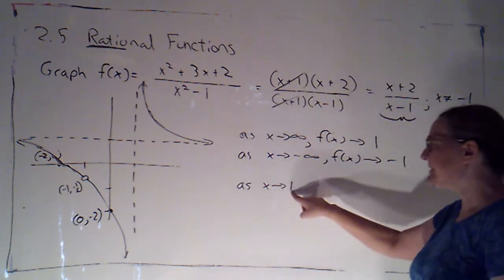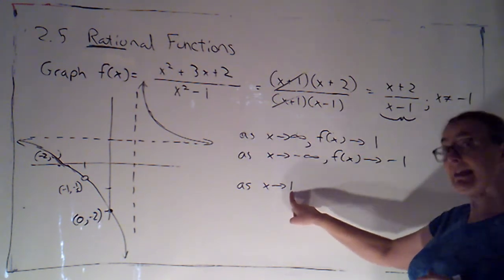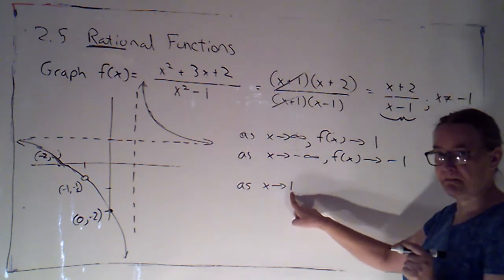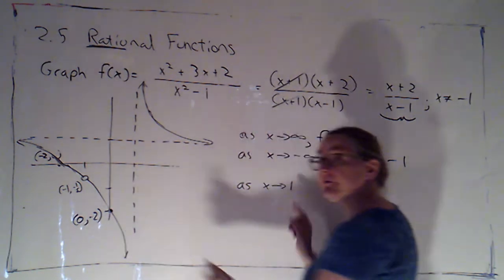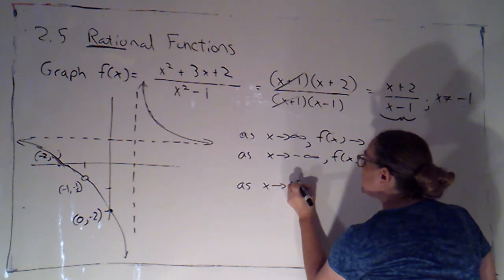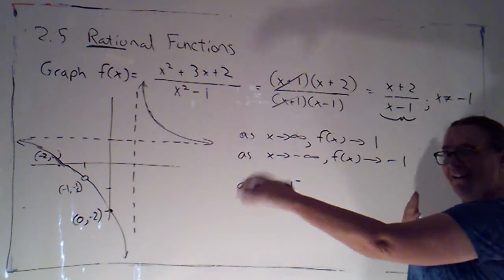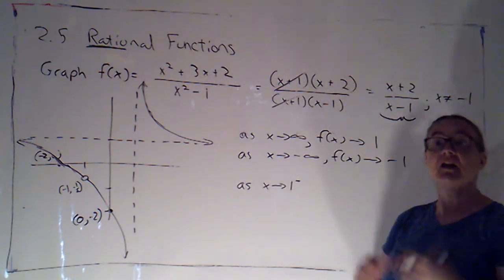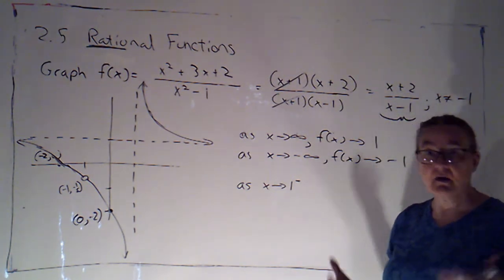So it's not enough to say that x is getting close to 1. What I'm going to do is indicate what direction we're approaching 1 from. So here, if I wanted to describe this behavior, we're coming from the left. I'm going to indicate that with a superscript of a negative sign. On the number line, negative numbers are to the left, positive numbers are to the right. Okay. So we could perhaps use an L and an R for left and right, but that's not the convention.